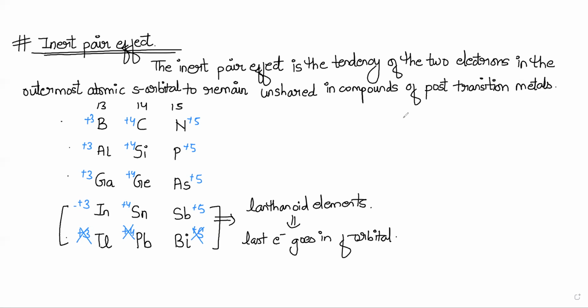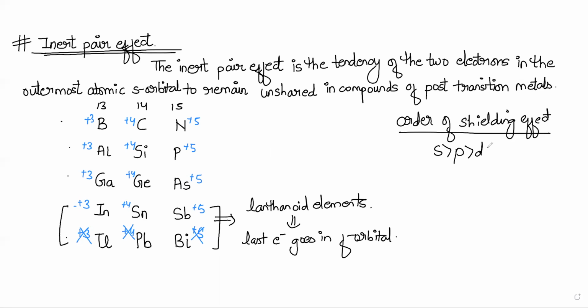At the start of this lecture, I told you the order of shielding effect. If you remember, it was S, P, D, and F. F has a poor shielding effect.